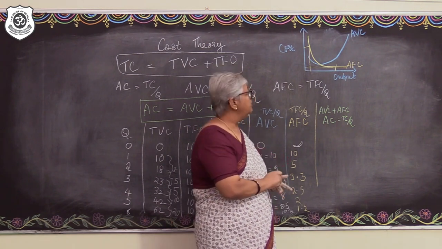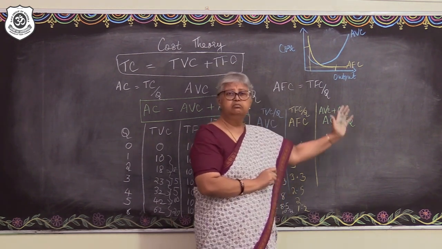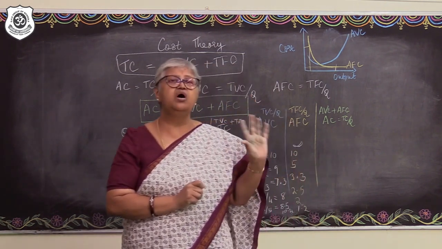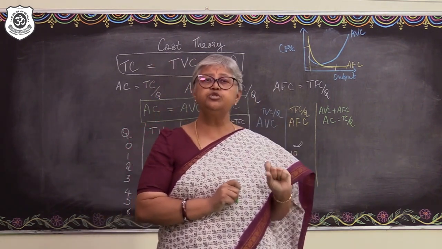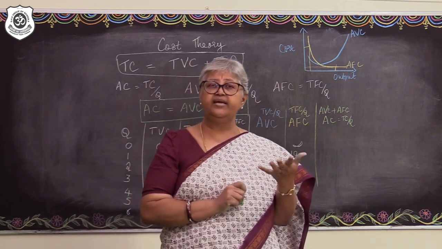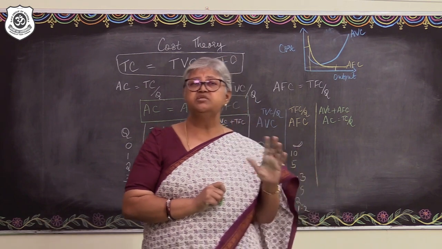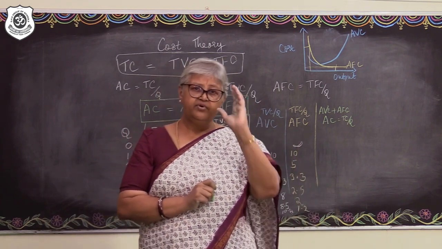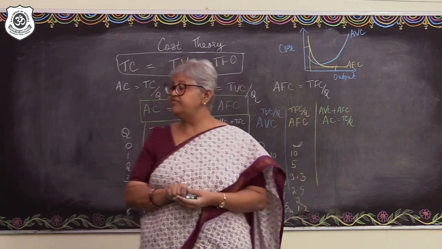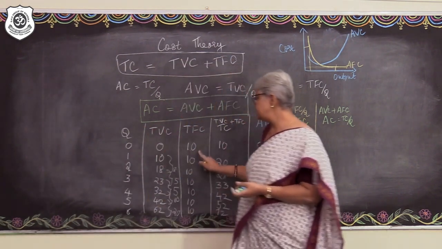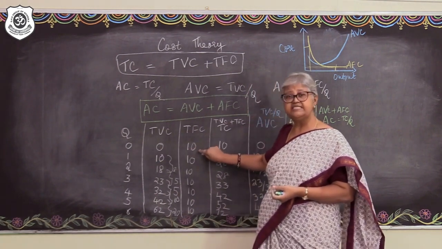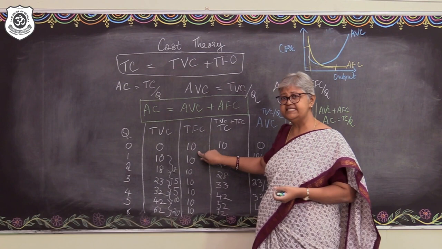Fine, right? Now, though the average fixed cost continuously falls, there is no chance that the AFC will become 0 at any particular point. Why? Because the total fixed cost remains positive throughout. Even at 0 level of output, the total fixed cost is some positive amount, isn't it?